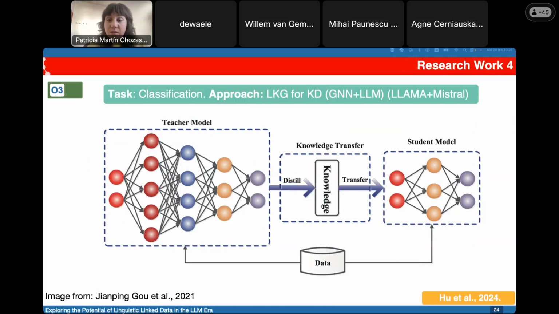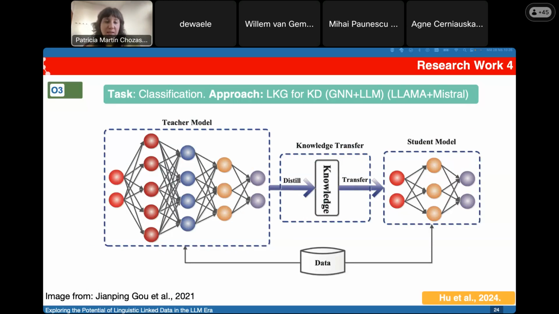I find this very interesting as well, because the knowledge here is not directly injected in the LLM, but instead they use the LLM to transfer knowledge to a smaller neural network.